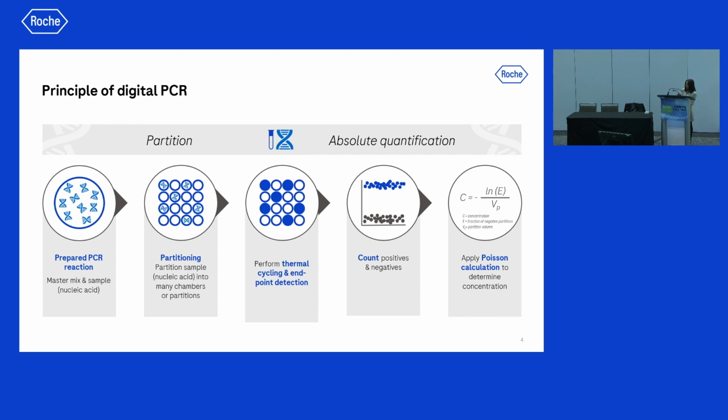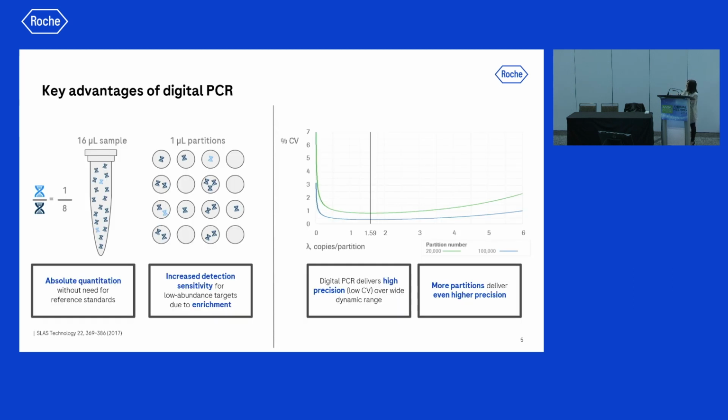So accordingly, the key advantages of digital PCR lie in the fact that you have this absolute quantitation capability, again, without a reference standard, which is usually the case, for instance, in conventional qPCR. Now, the other attribute and a key advantage of digital PCR is that they're able to detect at an increased sensitivity, especially for low abundance targets. And this is depicted here on the left as an example.